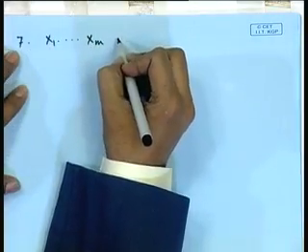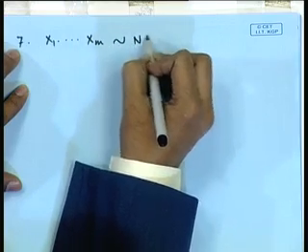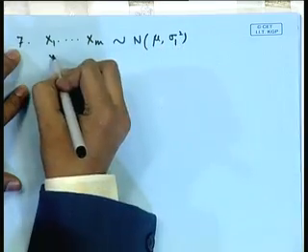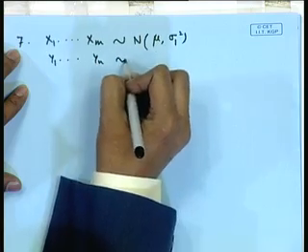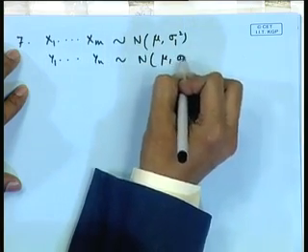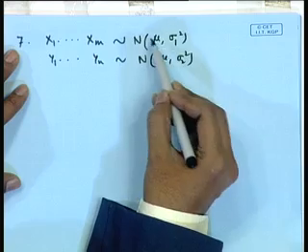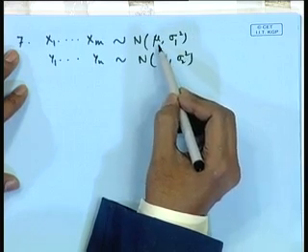Let me take another example of similar nature, where the form may be even more difficult. Now, this is popularly called the problem of common mean in statistical inference.